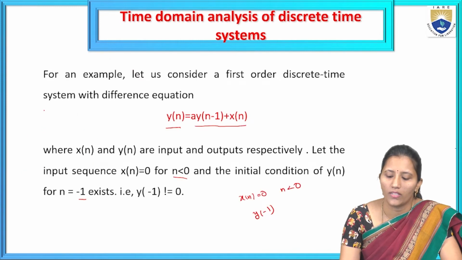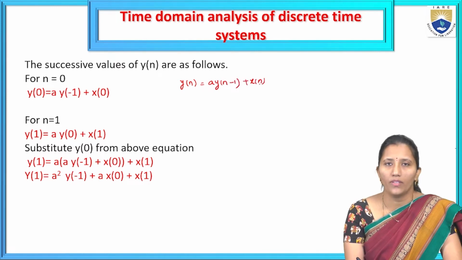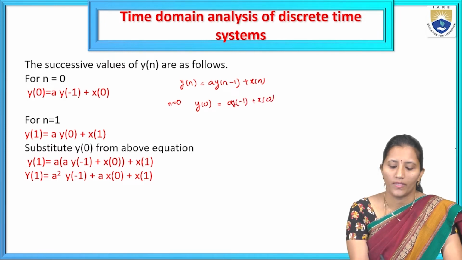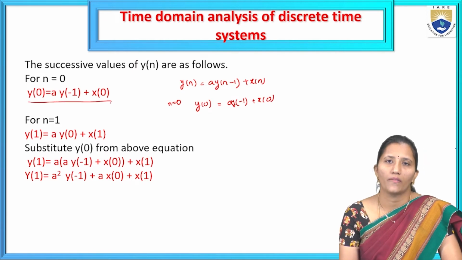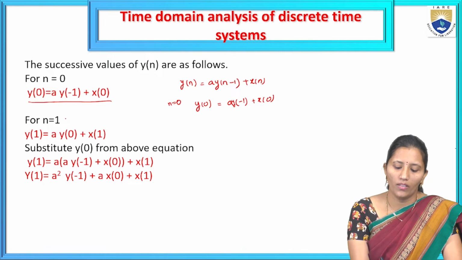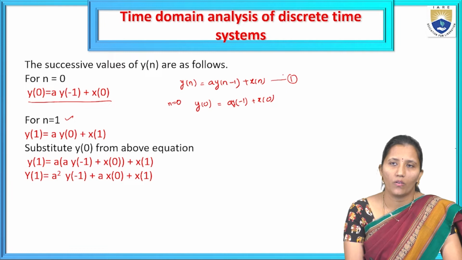What is the equation here? y of n is equal to a into y of n minus 1 plus x of n. Substituting n equal to 0, we get y of 0 is equal to a into y of minus 1 plus x of 0. Now substitute n equal to 1 in equation 1.